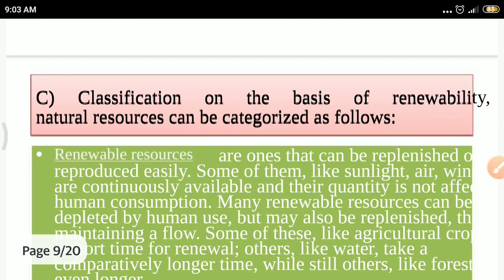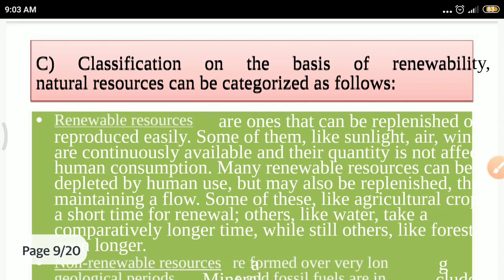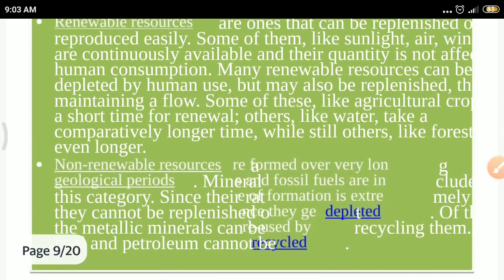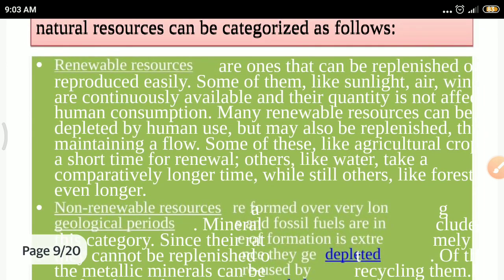Now the third classification, that is classification of the resources on the basis of renewability. That is renewable resources and non-renewable resources. Renewable resources means what? Those that can be replenished or reproduced.